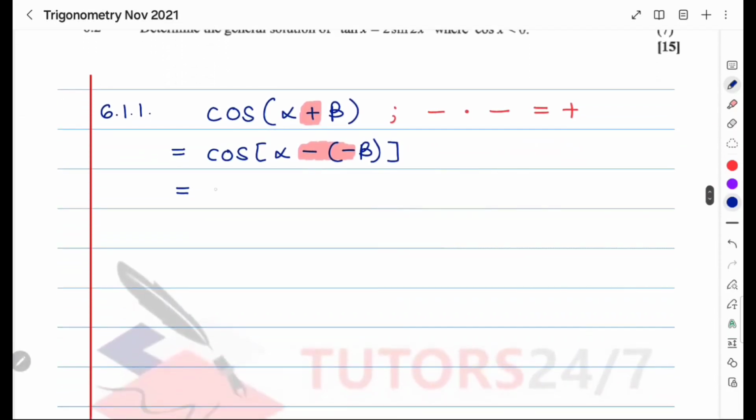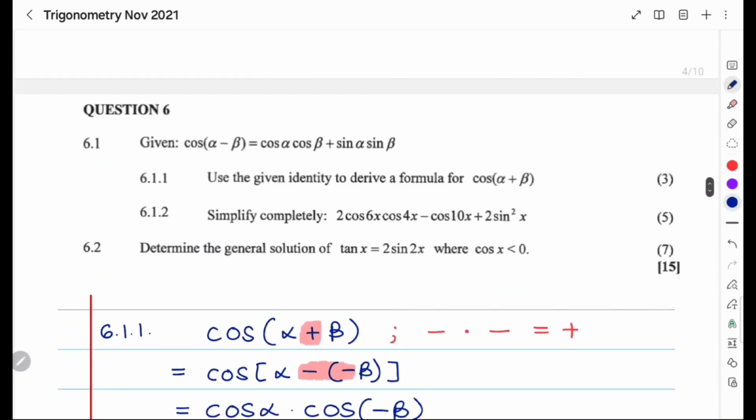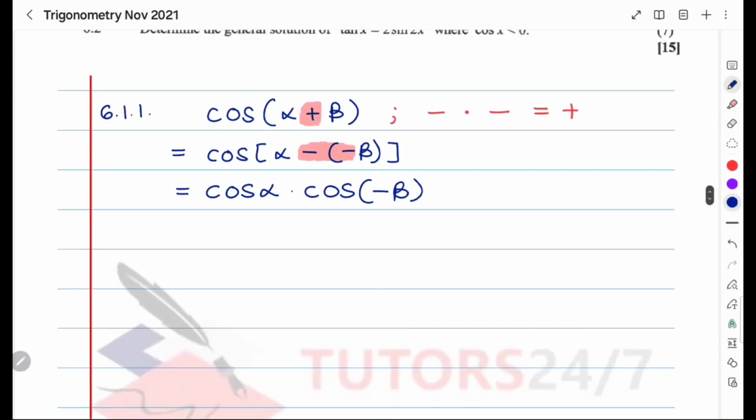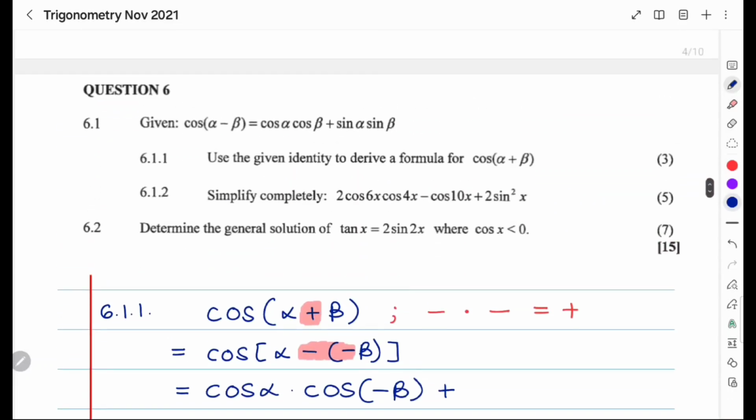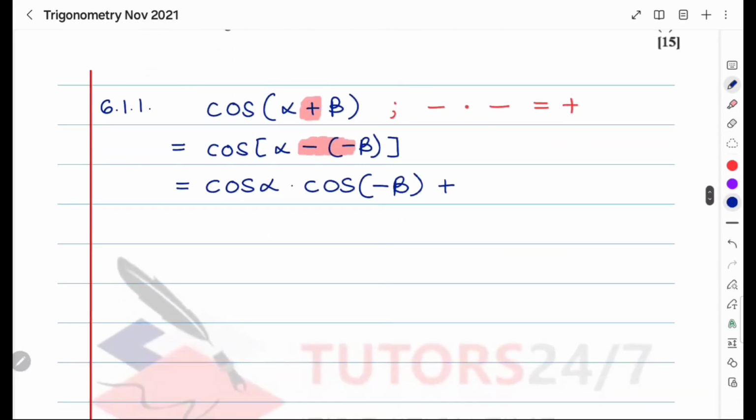Our first angle is alpha, our second angle is negative beta. Then we have a plus sign. Next we have sine of the first angle, sine of the second angle. Our first angle is alpha, and our second angle is negative beta.